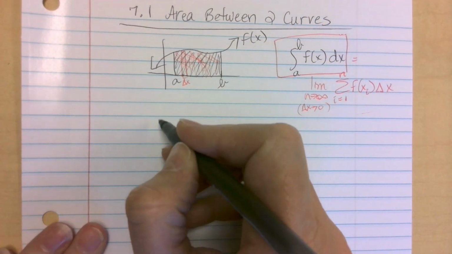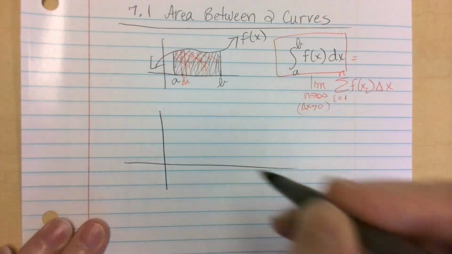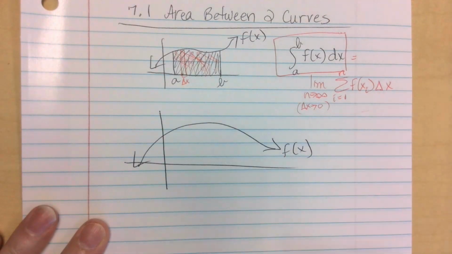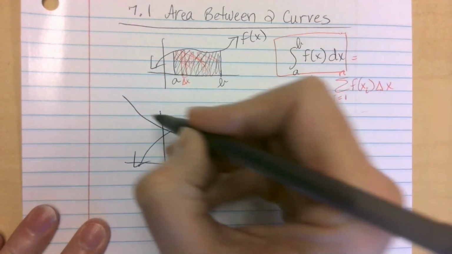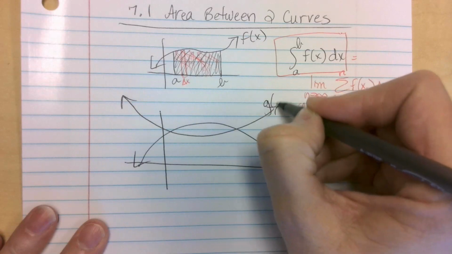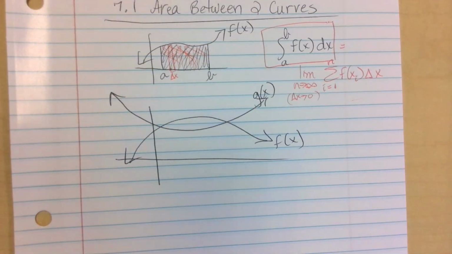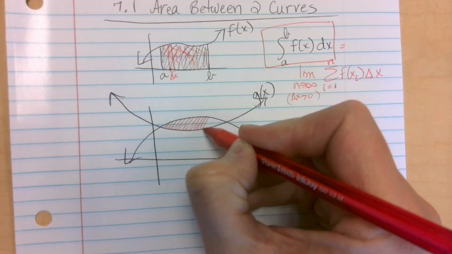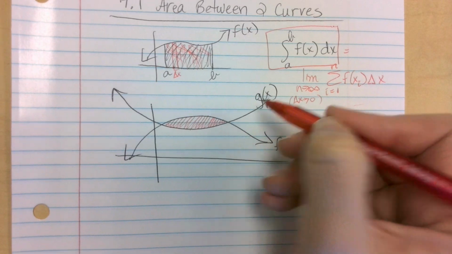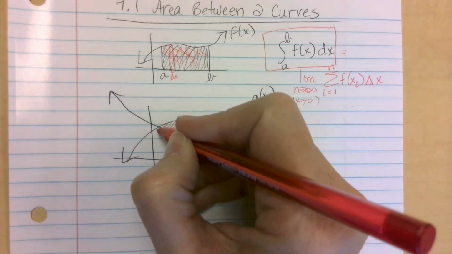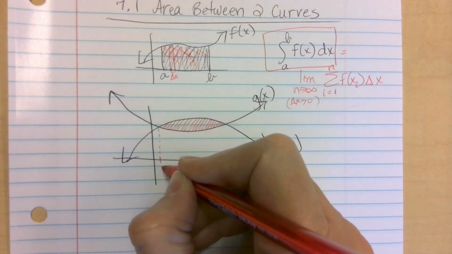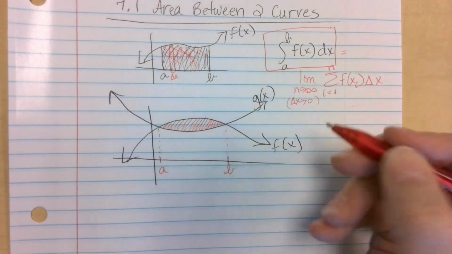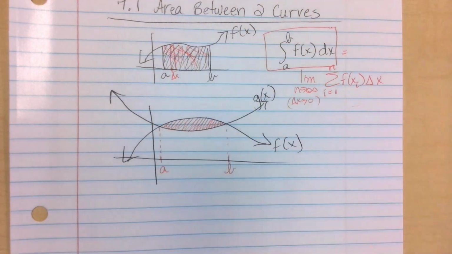So, in general, if I have this f of x graph and this g of x graph or function, and I want to find just the area between those two curves, it may be intuitive to you, and understandably so, if we have at least where they intersect.